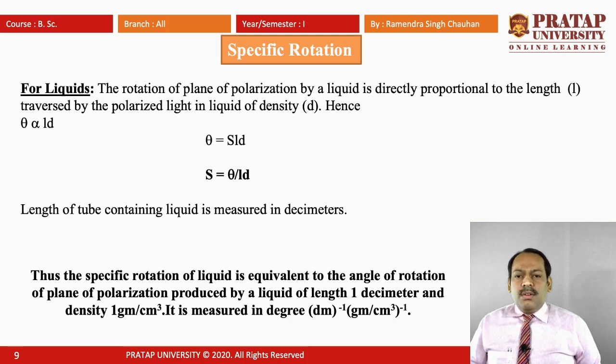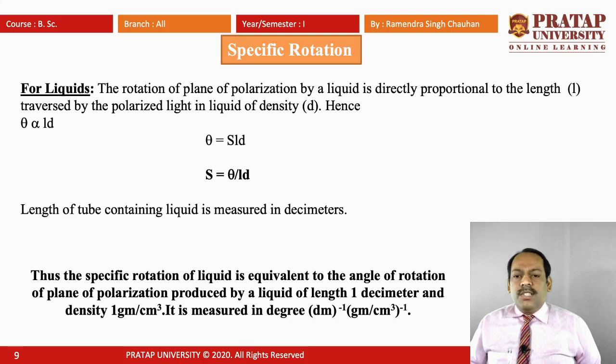So, theta is equal to SLD, where S is the proportionality constant, and we get S is equal to theta upon LD, where theta is the angle of rotation, L is the length of the optically active substance, and D is the density of the optically active substance. Since we are taking a liquid, the intermolecular spacing is farther apart than in solids.